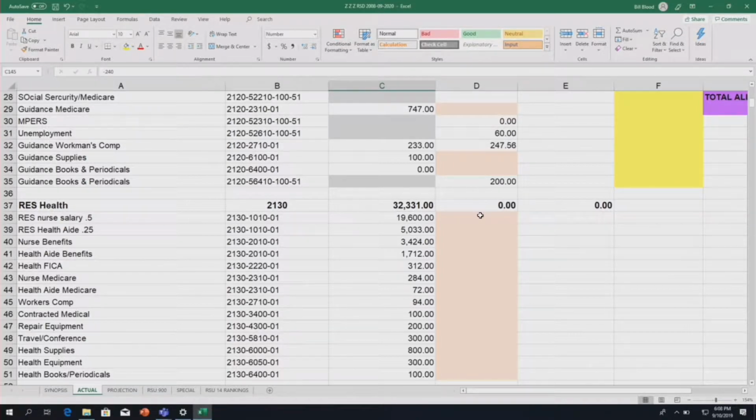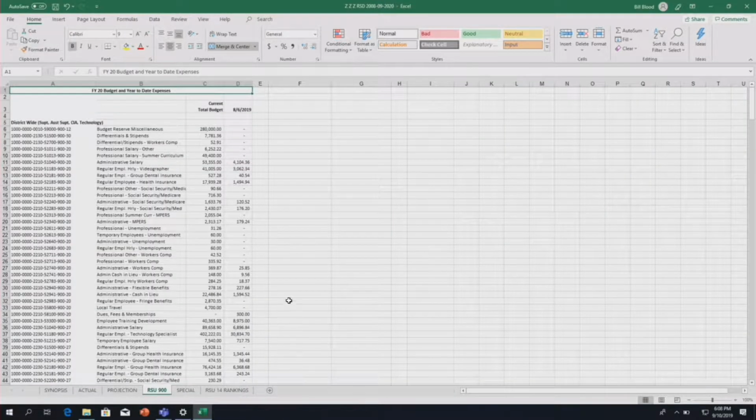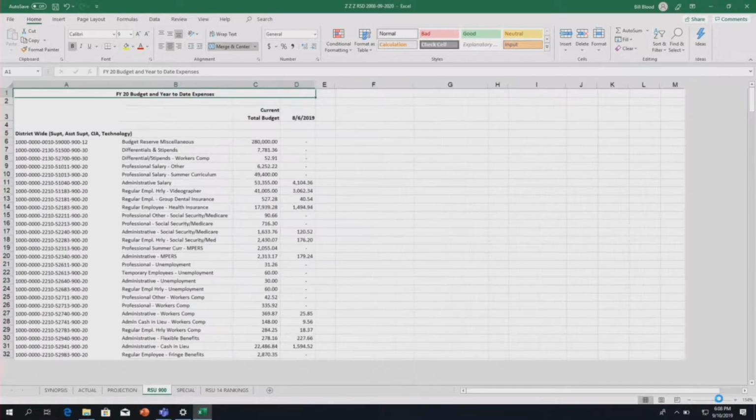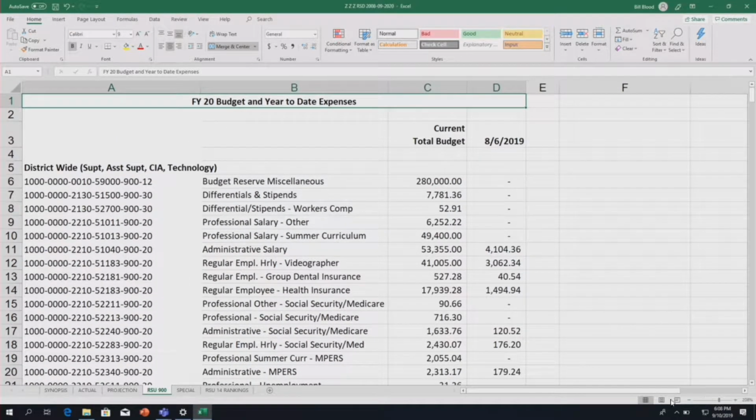The reason is they have a lump category called 900, and this is going to be a little bit harder to read. Okay, 900 is those categories that are divided throughout the 7 or 8 schools. I forget how many there are. If you throw Katahdin in, I think there's 8, and they take those costs and put them into the 900 category. And then we pay 35% or whatever that number is.